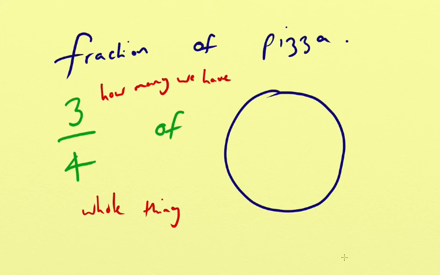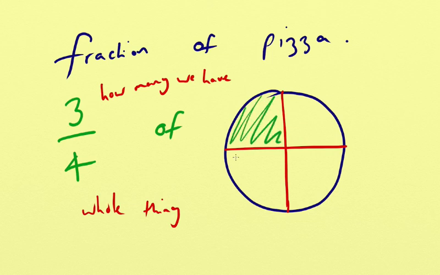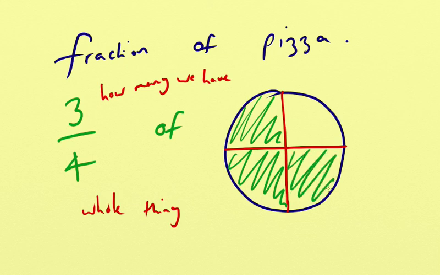Okay, so first step again, what we're going to do is split this pizza up by this bottom number, which is the whole thing. So 4 pieces make up the whole thing, so we're going to split the pizza up into 4. But the top number now tells us how many pieces we've actually got. So we've actually got 3 of them. So if we colour in 1, 2, 3.